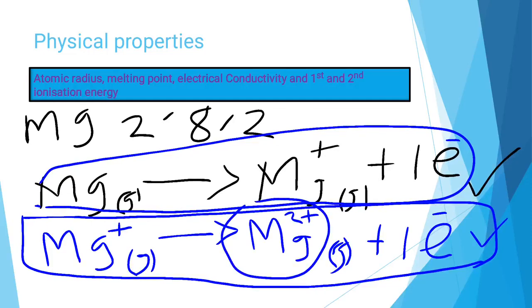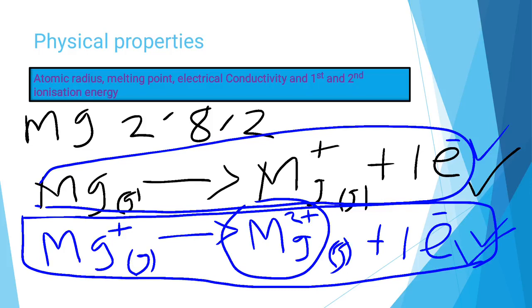What does that mean? Remember that when we say that an atom is losing 2 electrons, they are not lost simultaneously. No. The atom first loses the first electron, and that is when we say that it has undergone the first ionization energy, and then again loses the second electron to give us the second ionization energy. And then the next question that we need to ask ourselves is, between the first and the second ionization energy, which one is higher? Remember that this is energy that is measured in kilojoules per mole.